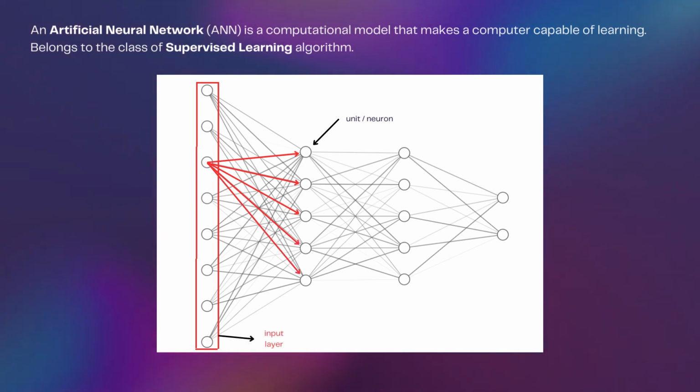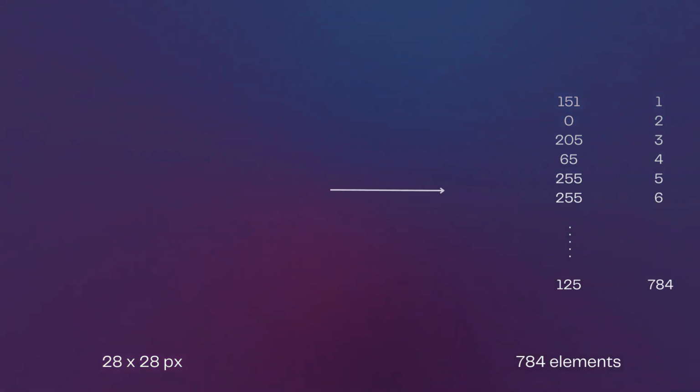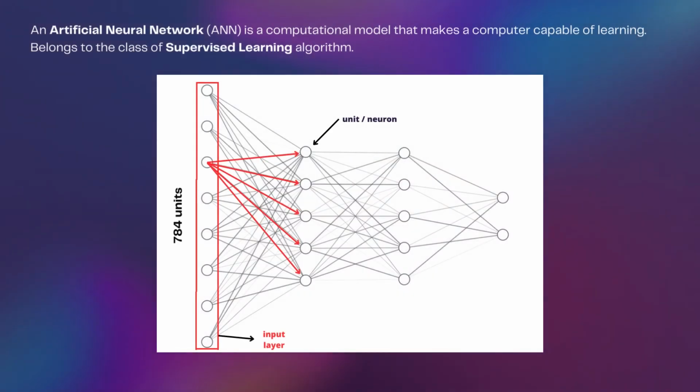The first layer is called the input layer, and the number of units of the input layer depends on what we want to classify. For example, if we want to classify a digit written on a 28 by 28 image, we can transform the image into a vector of 784 elements that corresponds to the grayscale value of each pixel in the image. So for this reason, the input layer will have 784 units.